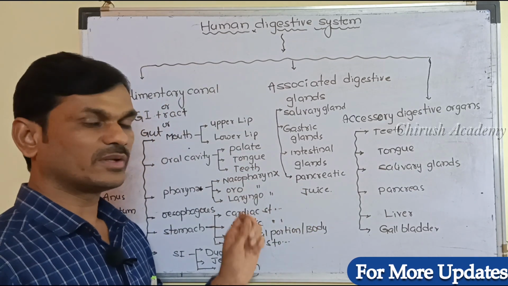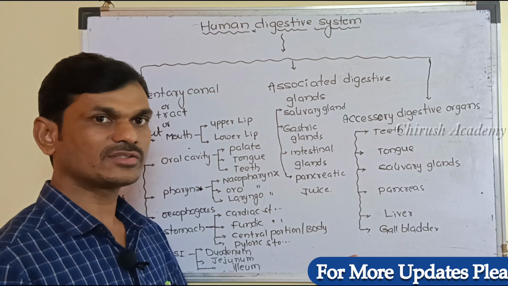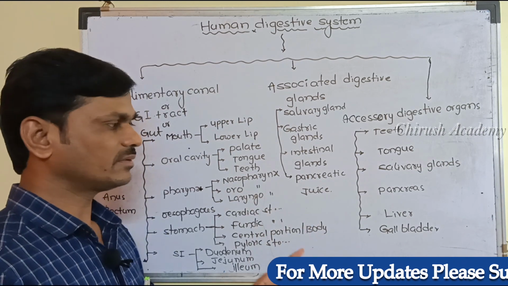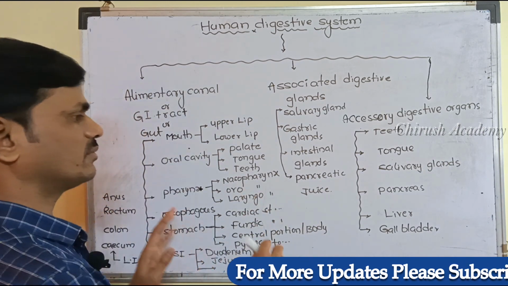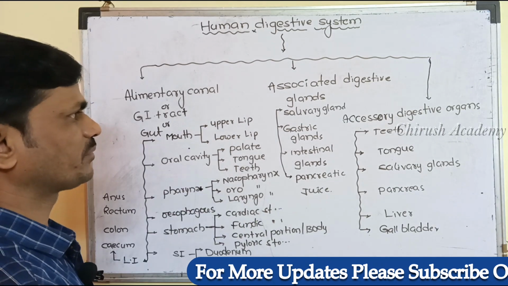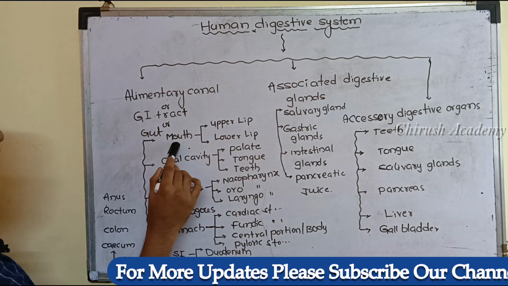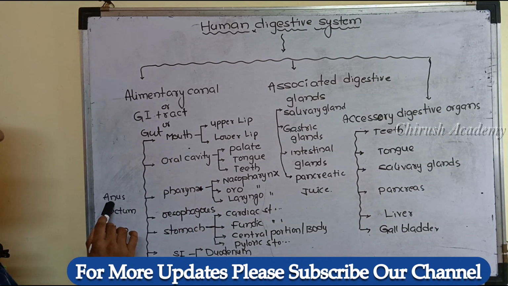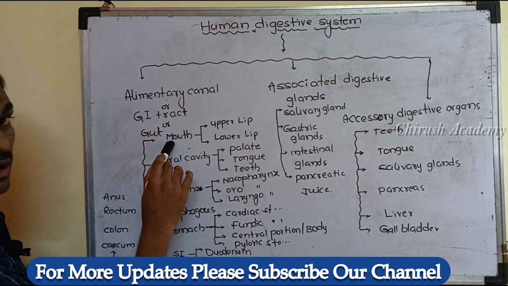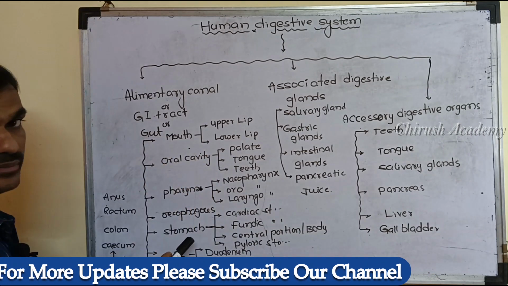Okay. So the questions are very important from the NEET point of view and the DSC TRT point of view. Now the alimentary canal starts with the mouth and ends with the anus. The mouth is a small transverse slit-like structure.